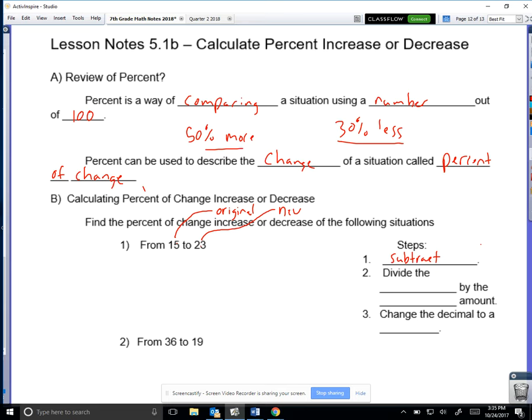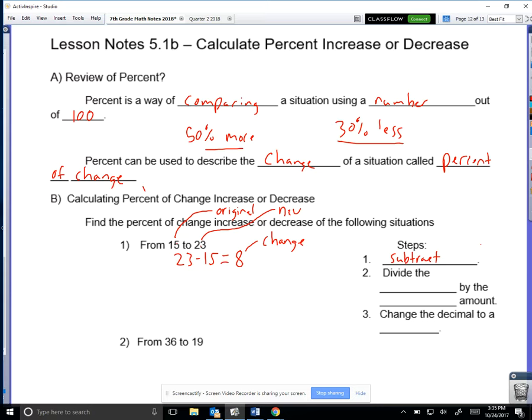Okay, step number one, we're going to subtract those two. 23 minus 15. And like I said, you guys get to use calculators now in Chapter 5, so that's pretty awesome. So that's going to give us 8. All right, and 8, the difference between those numbers, we're going to label that as the change. So we got the original, we have the new, and we have the change when we subtract those two.